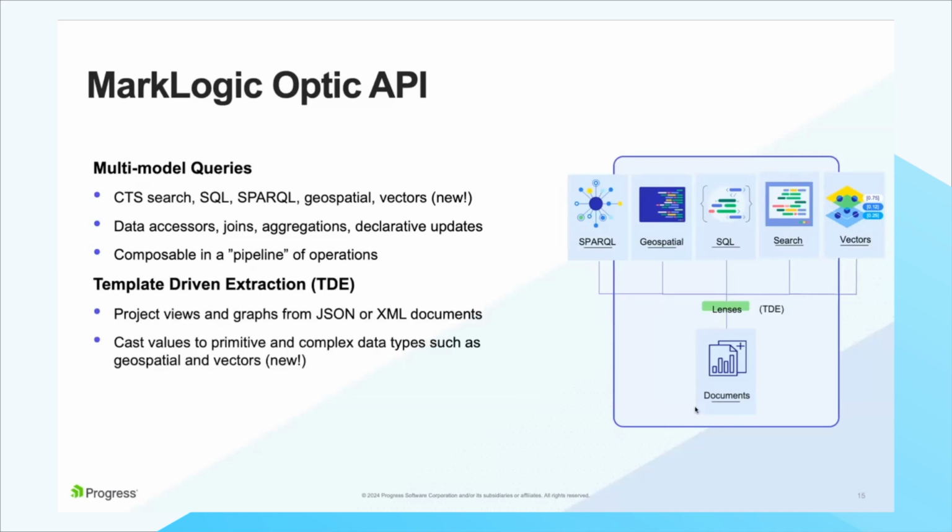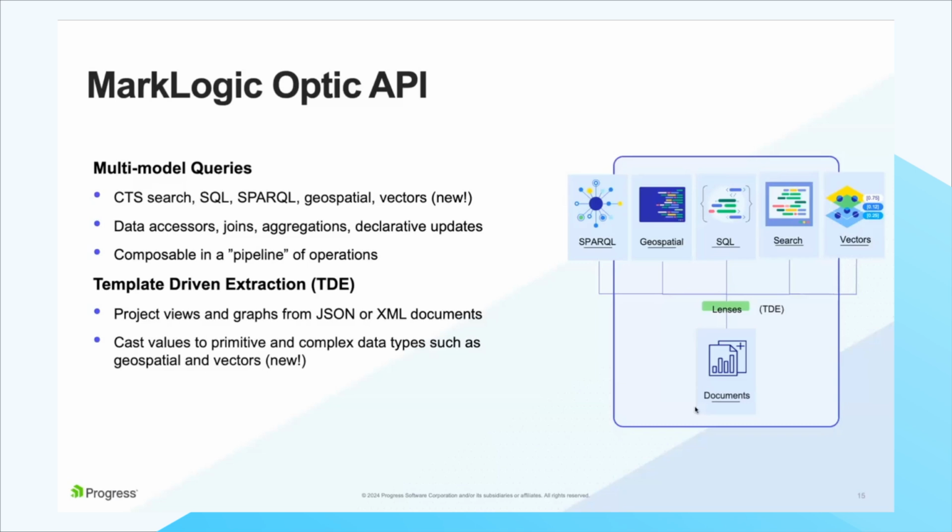Also key to using vector operations in MarkLogic is the template-driven extraction feature. In MarkLogic, you can use a template to specify how you want data to be projected out of documents into different views and graphs. You can project rows or graph data, in the form of triples, from JSON or XML documents.